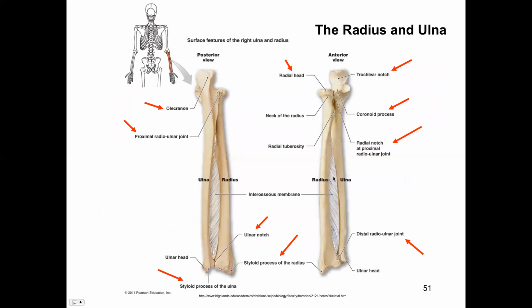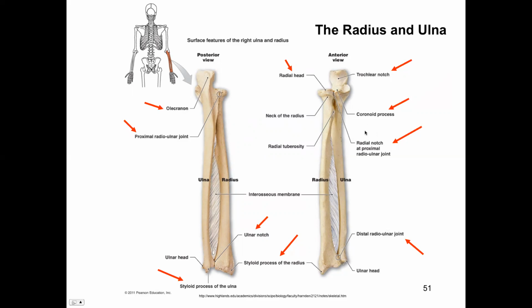Okay, so now let's look at your forearm, or the antebrachial region. So this is made up of the radius and the ulna, as I said. And here you can see your olecranon process, which is making that elbow. And then the radio-ulnar joint, that's where the radius and the ulna interact with each other.